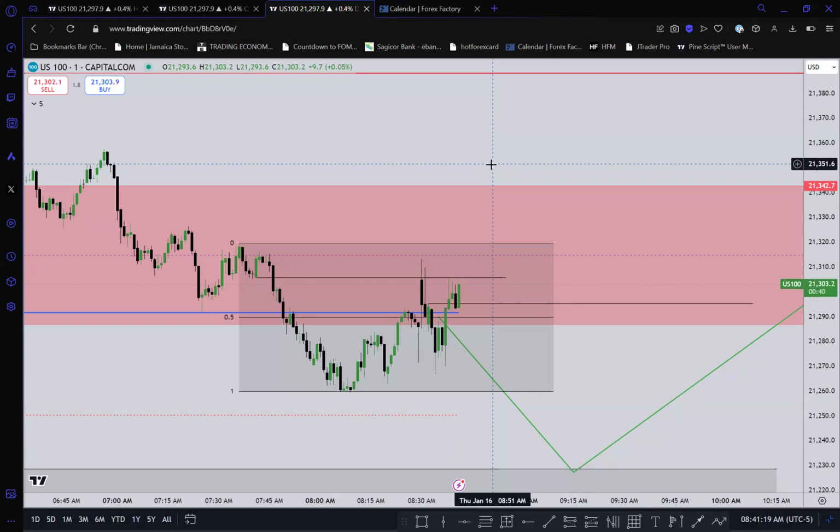I don't take it. Barely 20 points. I'm looking at this down candle here and the likelihood of getting a setup inside here, because this risk is not managed.